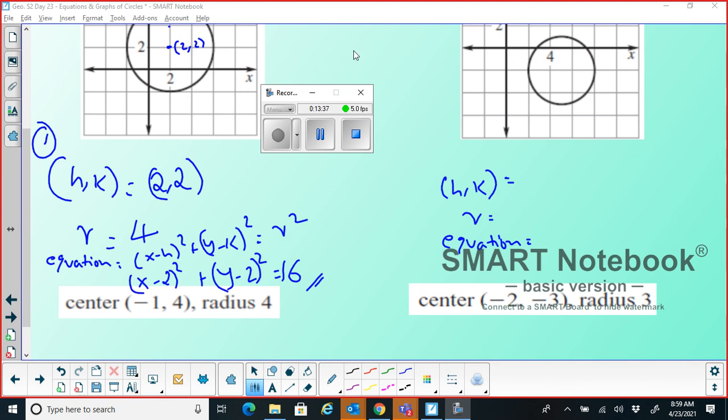Okay, on this one every box is 2 units, but the center of this particular circle lies somewhere here, along the x-axis. It's at the point of intersection of this and this particular line.